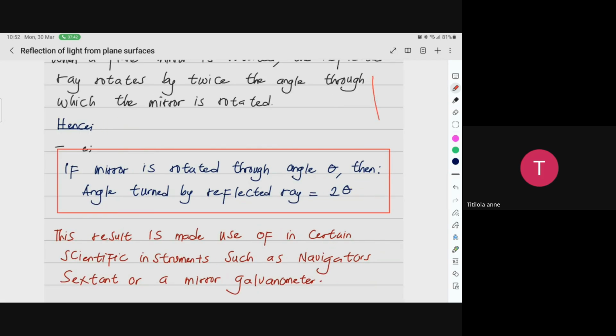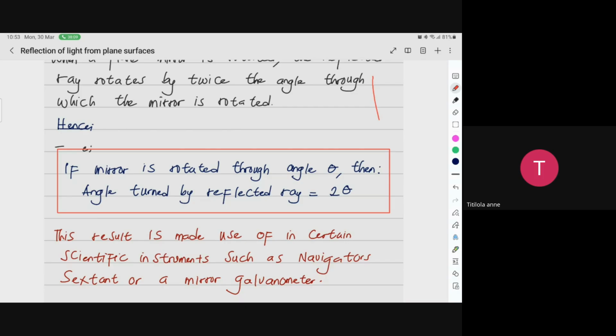So now the result is made use of in certain scientific instruments, such as what? The navigator's sextant or a mirror galvanometer. Where do we make use of the navigator's sextant or the mirror galvanometer? We make use of that through rotation of a mirror. While when it comes to inclining the mirror to an angle, you talk about your kaleidoscope, your periscope.